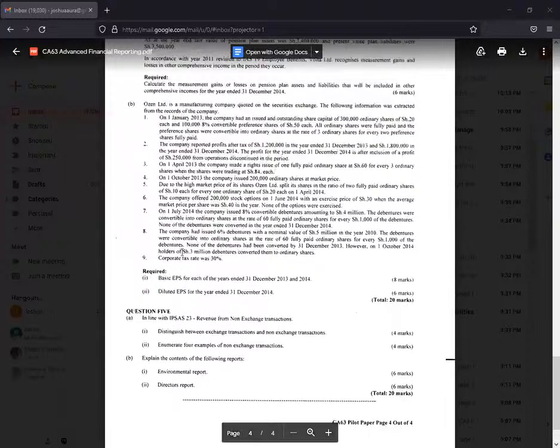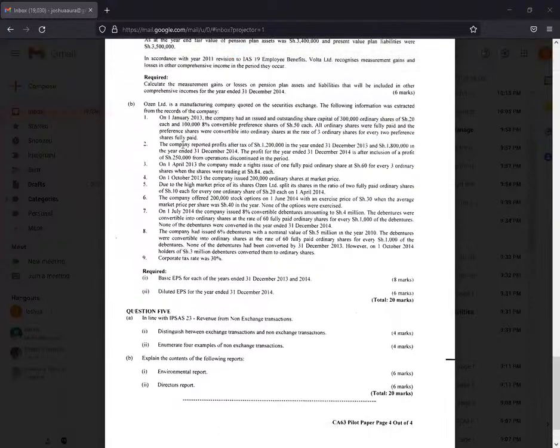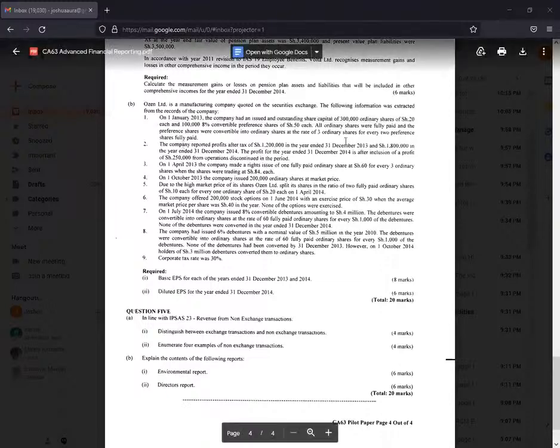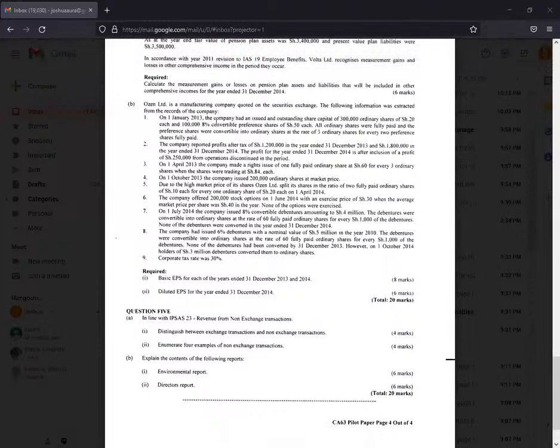We are told here, Ozen Limited is a manufacturing company quoted on the Securities Exchange. The following information was extracted from the records of the company. On 1st January 2013, the company had an issued and outstanding share capital of 300,000 ordinary shares of shillings 20 each and 100,000 8% convertible preference shares of shillings 50 each.